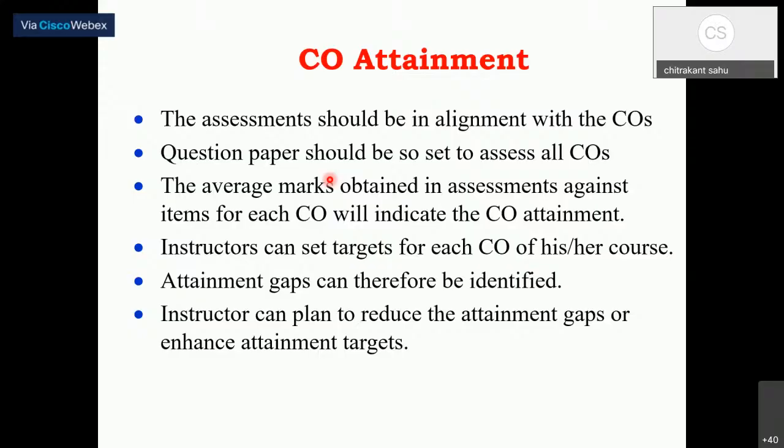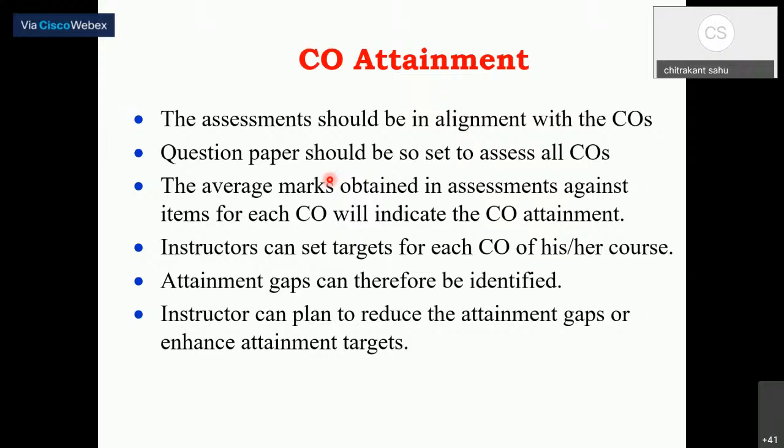As I said, in the OBE framework, outcome-based education, every systematic thing that has been given is measurable. How to measure that? So that we can know whether we have achieved the target or not, and then accordingly make an action plan so that we can fill the gaps. This is called the continuous improvement process.